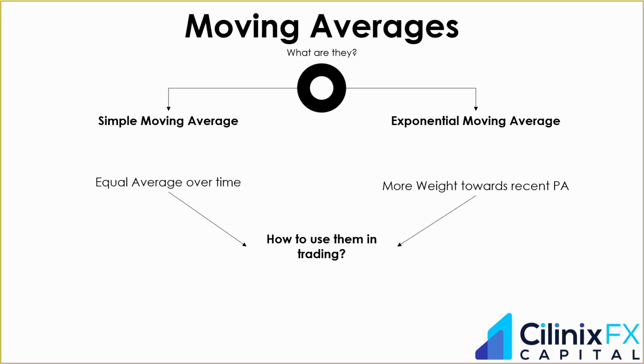Then you can also use them in a crossover, so you can put more than one moving average on your chart, and you can change the periods on them, which we will get back to in a minute.